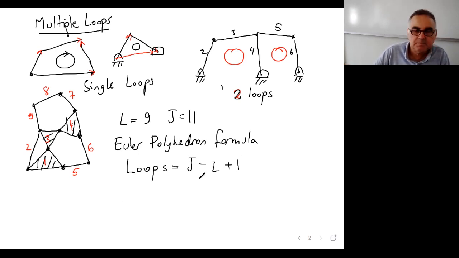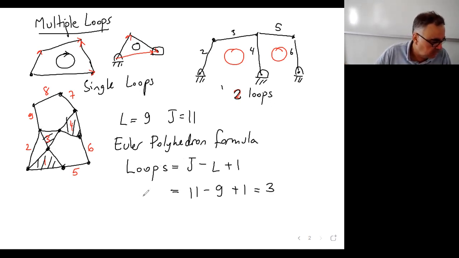For example, here we will have 11 minus 9 plus 1, which is 3. As a matter of fact, what are they? 1, 2, and 3, you can say. These are the independent loops.